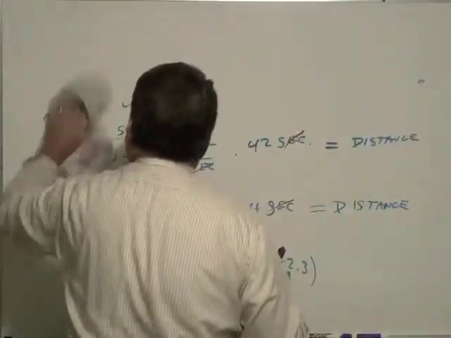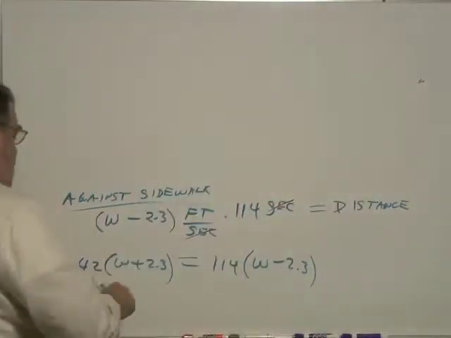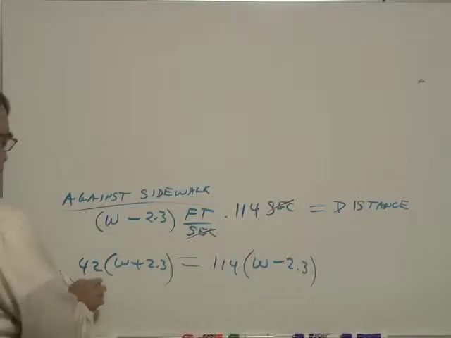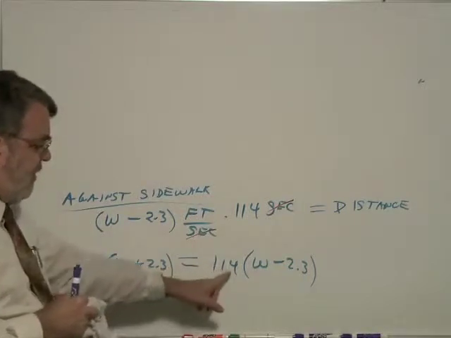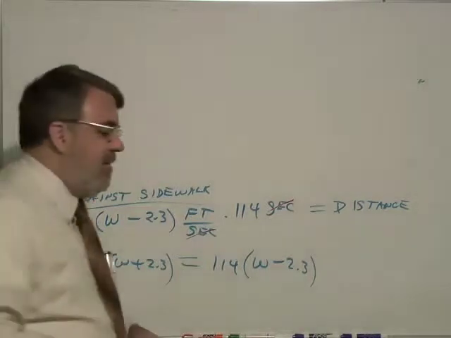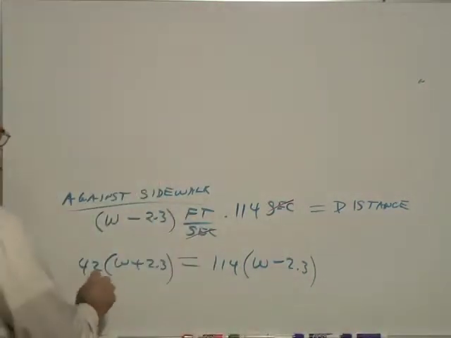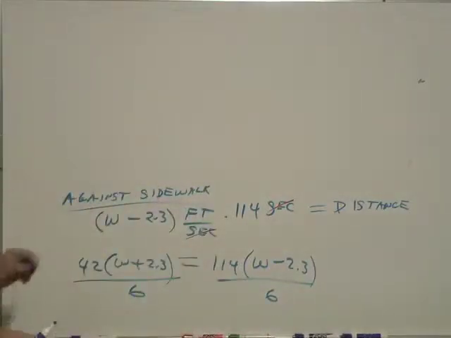All right, I'm going to multiply through here. We could, I suppose, divide both sides by a number. Actually, they're both divisible by 6. So let me shrink my numbers down. This is an optional step, but I like to shrink my numbers down. 42 divided by 6 is 7.